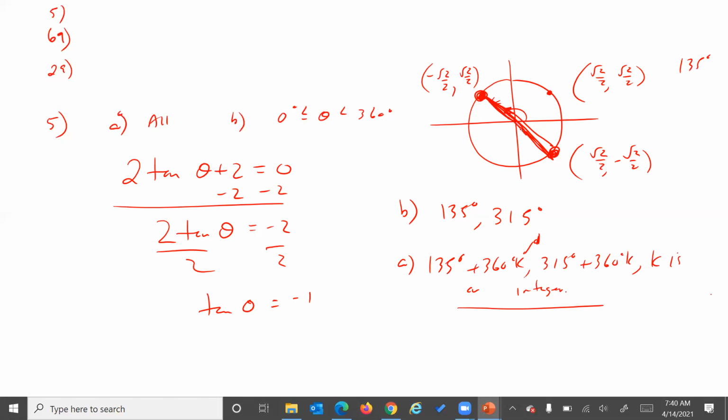Well, since they're exactly 180 degrees away from each other. In fact, can you guys do this for me real quickly here? If you guys could add 360 here, what's 135 plus 360? Quick here. Anybody have a calculator that they can do it with? 195? 495, is that right?